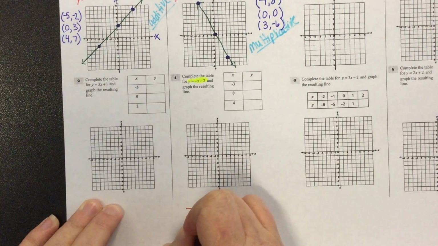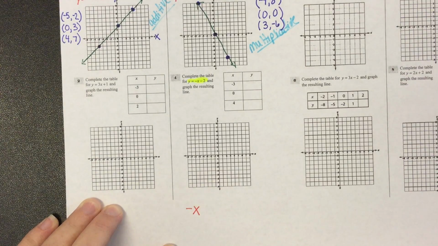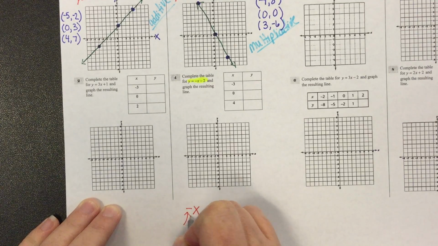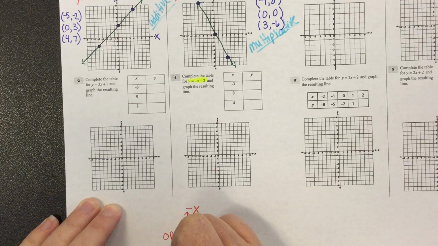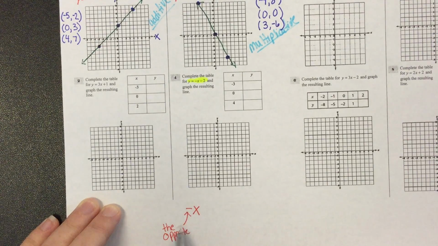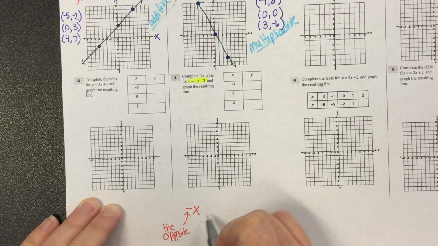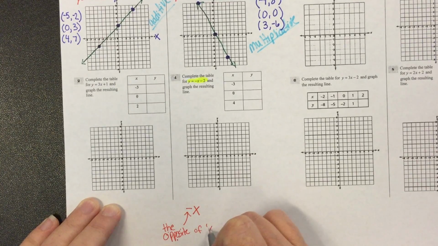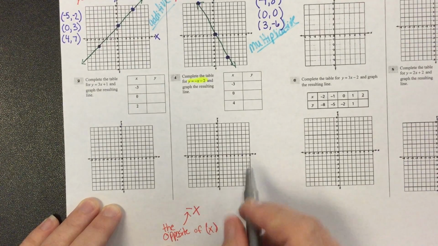Negative x. All right, so this negative sign means the opposite. So this is like saying the opposite of what? X. Right? The opposite of x. That's what this means.